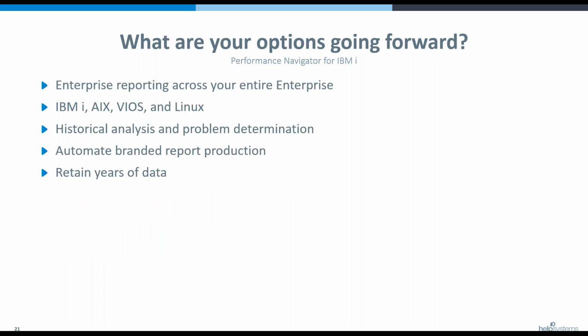Brilliant, thank you. Now, Performance Navigator is a mature product, as Tom mentioned. It's used by customers, partners, MSPs, and cloud providers over the globe. It enables you to produce PM400 type reports, plus many, many more across your whole estate.